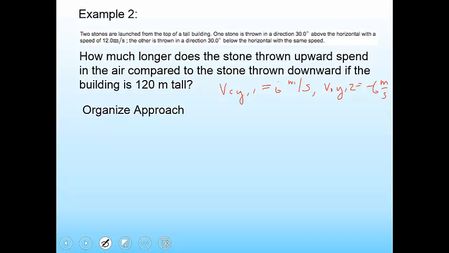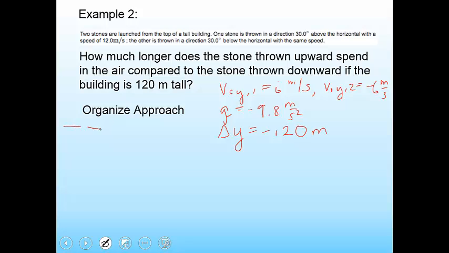If we look back at our different kinematic equations, of those four that I gave you, there's one that uses the fact that we have an acceleration, which is negative 9.8 meters per second squared, and it also has a height, so we have this delta y is equal to negative 120 meters.